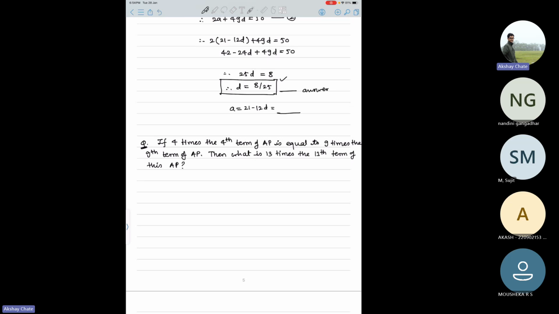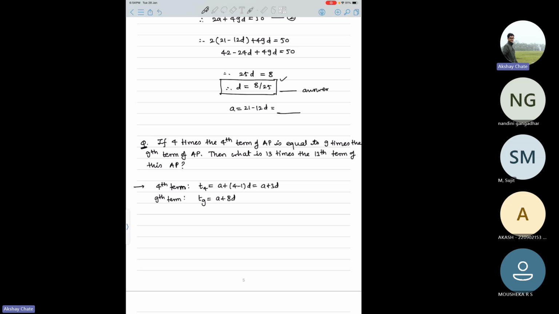Again, you have to go statement by statement. So what will be the fourth term of your AP? Let's say it is T4. It will be nothing but A plus 4 minus 1 into D, so basically A plus 3D. And the ninth term, T9, will be A plus 8D.